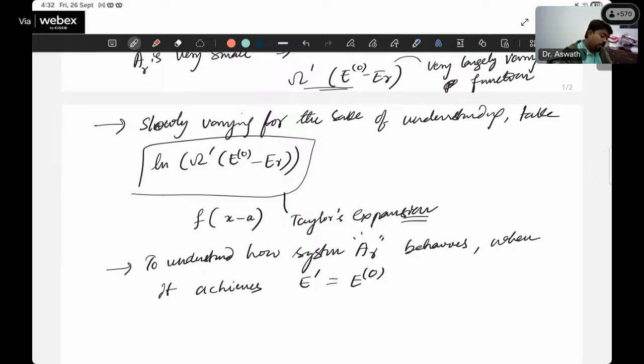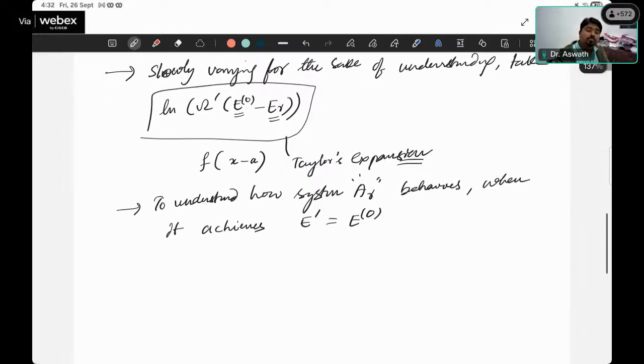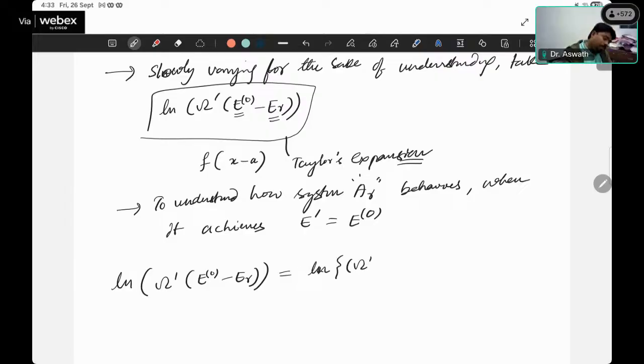So we have the reservoir energy and the energy of the overall system. What I'm doing is expanding in a Taylor expansion: log of omega prime of E_O minus E_R is equal to log of omega prime of E_O minus the derivative of log of omega prime with respect to E prime.